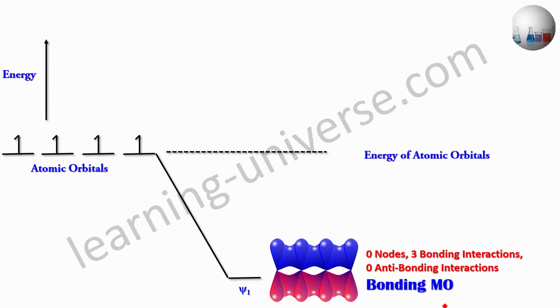It's called a bonding MO. What you also need to understand is, how do we decide whether something is bonding or anti-bonding? Or sometimes you will also get non-bonding. If the number of bonding interactions is greater than the anti-bonding interactions, it is a bonding molecular orbital. If the number of bonding interactions is equal to the number of anti-bonding interactions, it is a non-bonding molecular orbital.